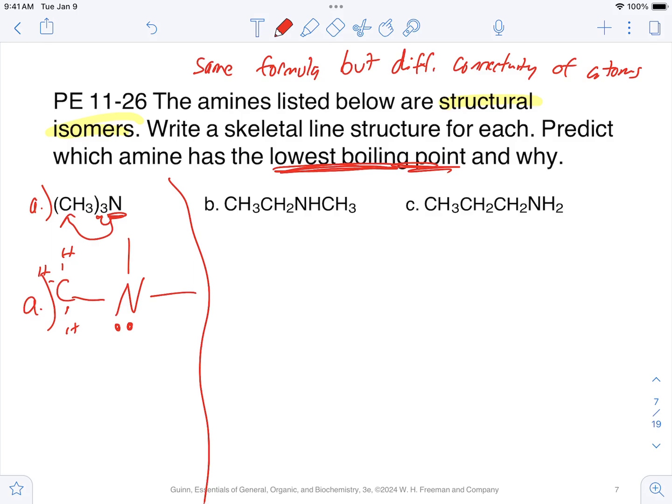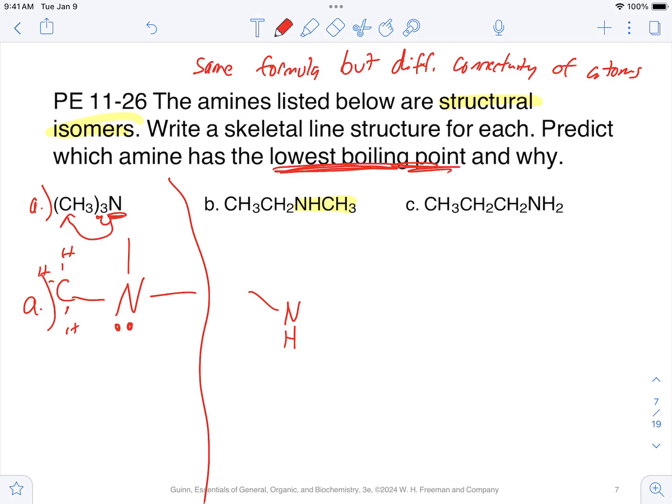For B, we have a CH3, a CH2, and then an N, and then the N is attached to an H, and then we have a CH3 attached to that at the end. So if we are going to do that, we would start with our line going down. I'm starting from the right side, so that's my CH3 attached to the N. That N is attached to an H. So I just did that part.